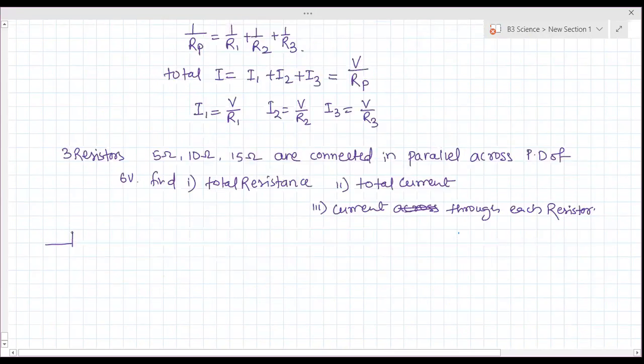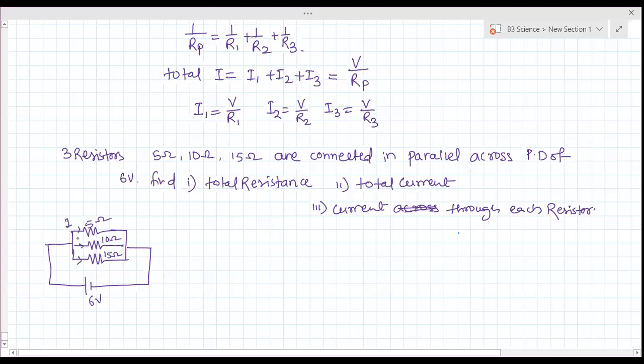So in this case, three resistors are connected in parallel. Potential difference is 6 volts. The resistors are 5 ohm, 10 ohm, and 15 ohm.